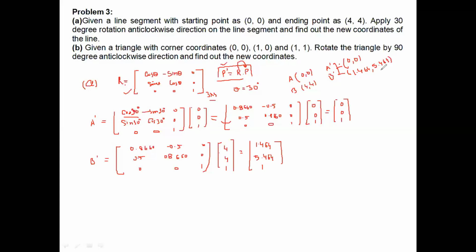Now we'll try to draw the figure and see where the object is placed after rotation.